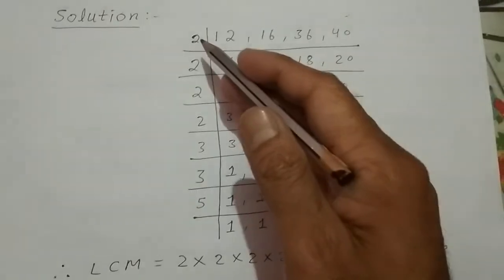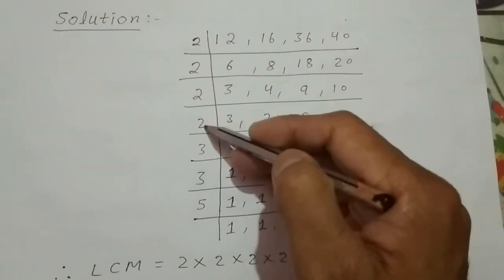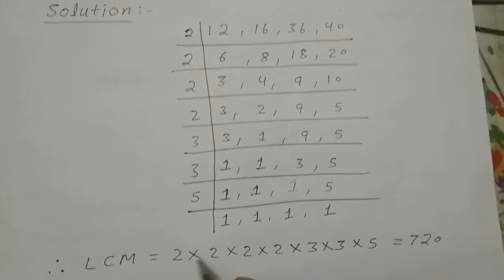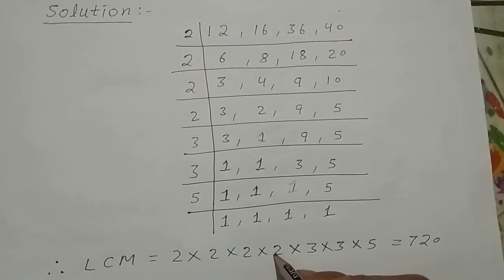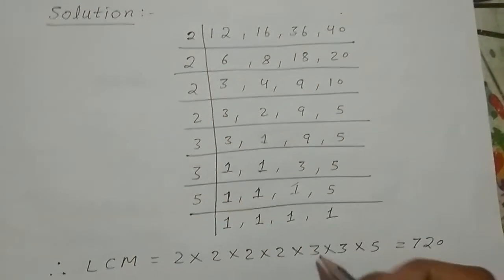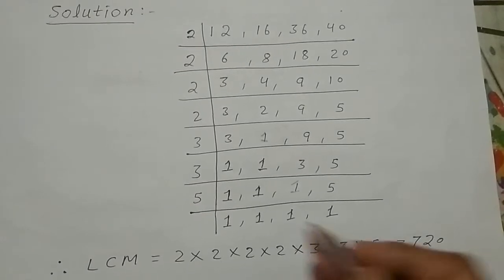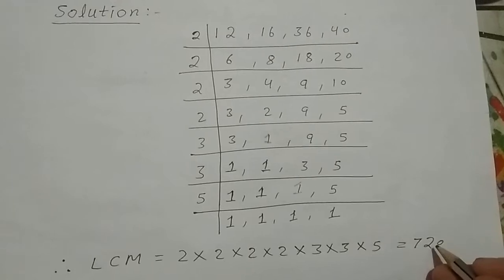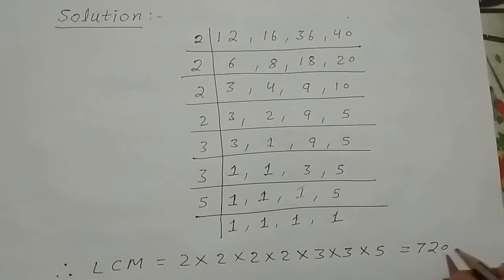So how many 2's are there? 1, 2, 3, 4. Right, 1, 2, 3, 4. 2 into 2 into 2 into 2. How many 3's? 2. 3 into 3, 1, 5. So when you multiply, we get LCM 720.